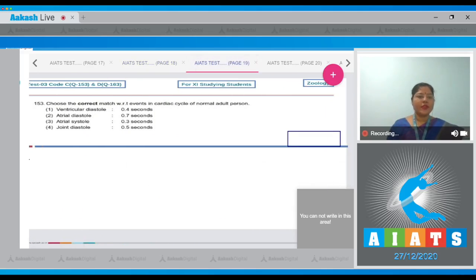Let's move on to the next question. Question number 153. Choose the correct match with respect to events in cardiac cycle of normal adult person. Time period of one cardiac cycle in normal adult person is 0.8 seconds.